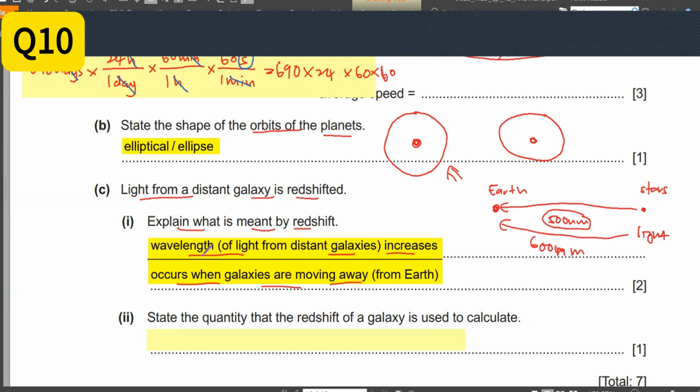So this is what we're talking about: the wavelength increases. How can we explain this increase in wavelength?